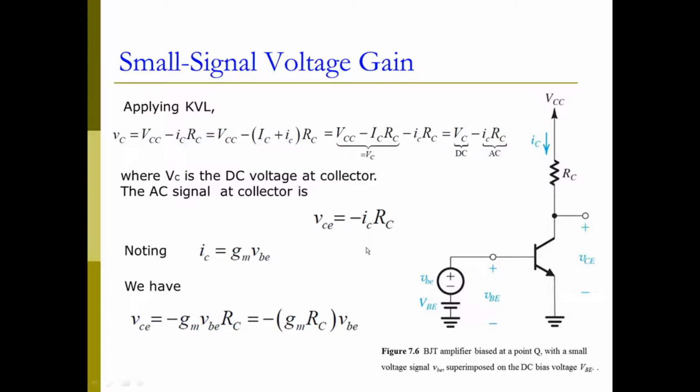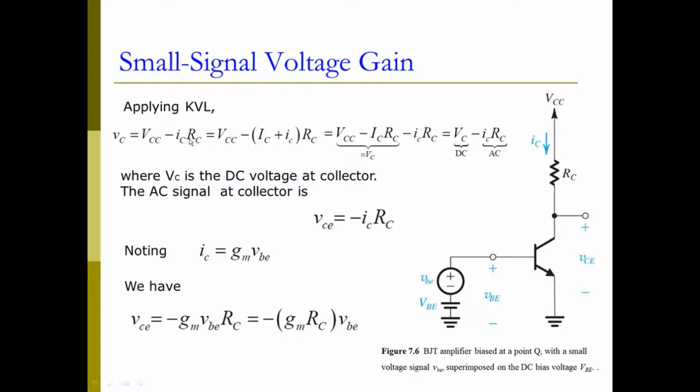In order to figure out the voltage gain, we can apply a KVL analysis along these branches from VCC to the ground, including both the DC and AC signal. From this formula, we can see vC is the voltage at the collector, which also equals vCE, and it equals VCC minus the voltage drop across RC.